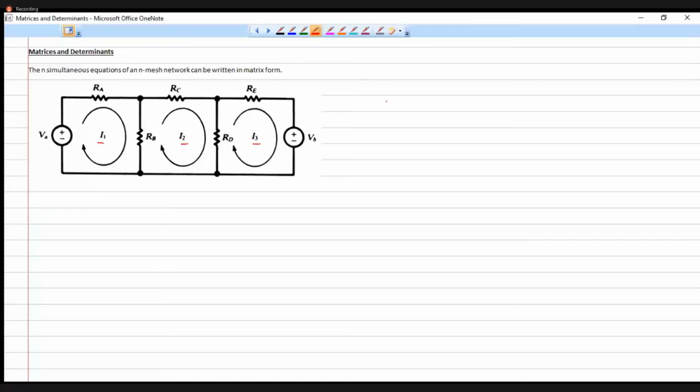So I can write the first equation as VA minus I1 RA. While going here, I have VA minus I1 RA, and coming here, I will have minus (I1 minus I2) into RB is equal to 0. So that is my first equation.